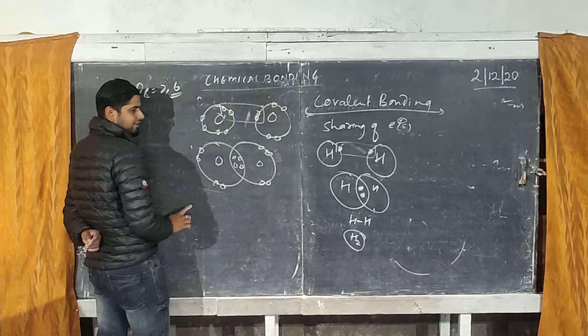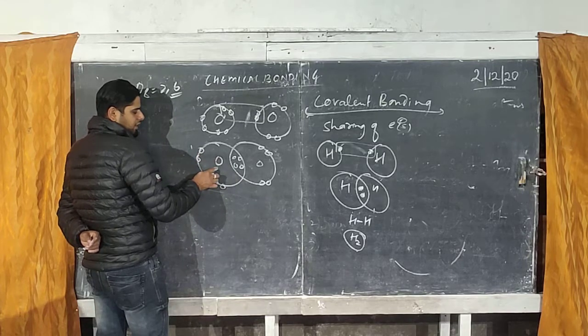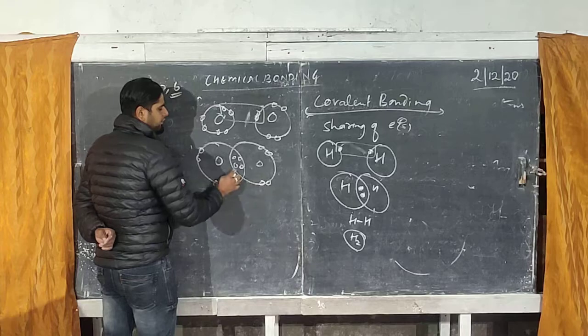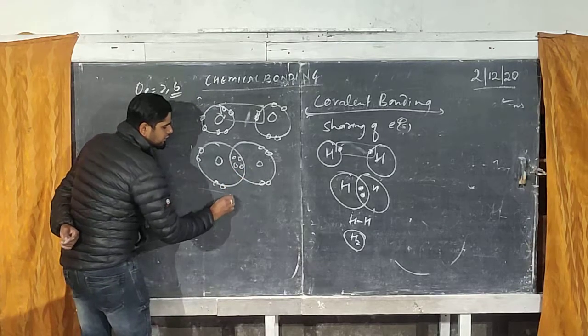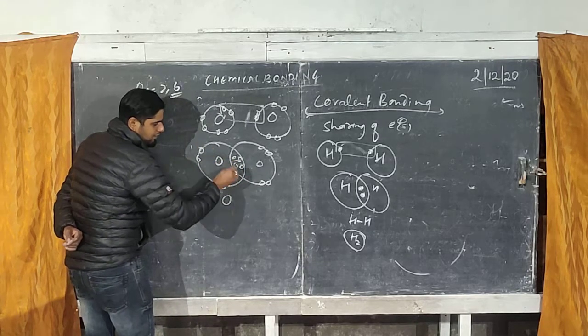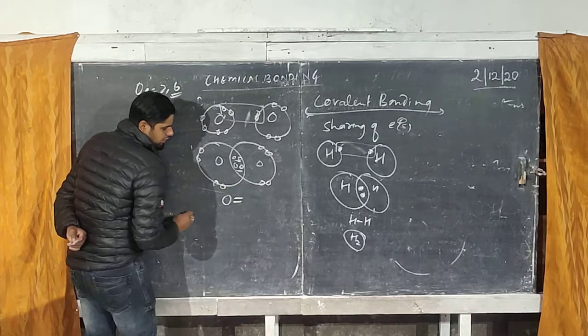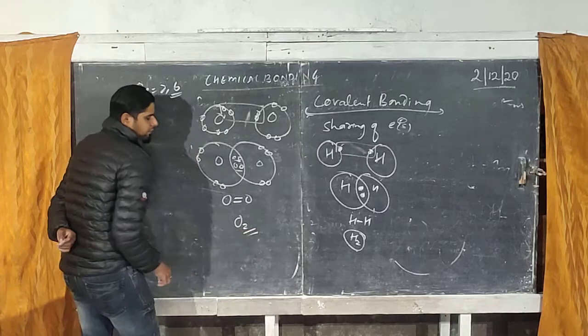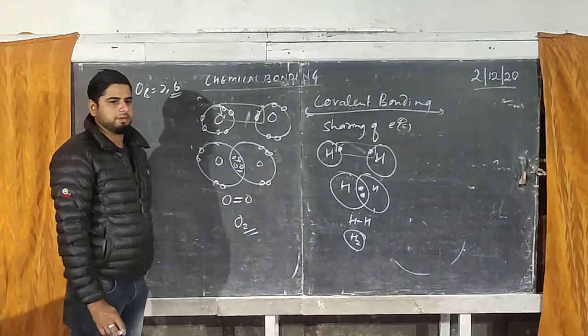Unshared electrons as it is. If you count electrons for this, 1, 2, 3, 4, 5, 6, 7, 8. For this, 1, 2, 3, 4, 5, 6, 7, 8. Yes or no? So oxygen, how many bonds? These 2 electrons, 1 bond. These 2 electrons, another bond. So O double bond O, that is O2. Got it or not?